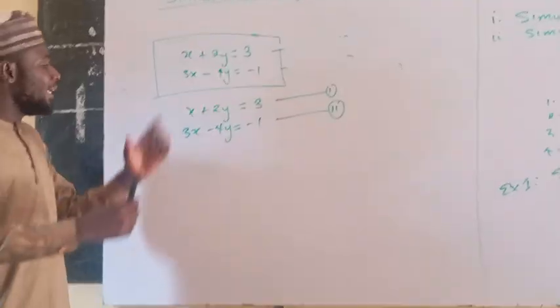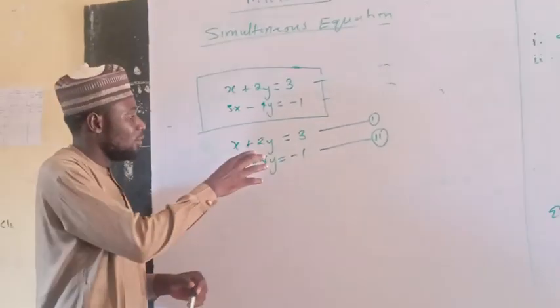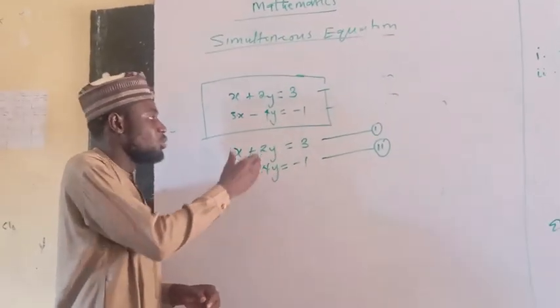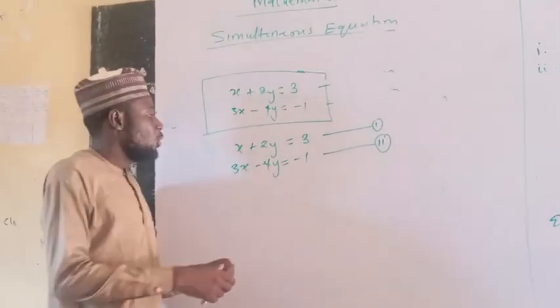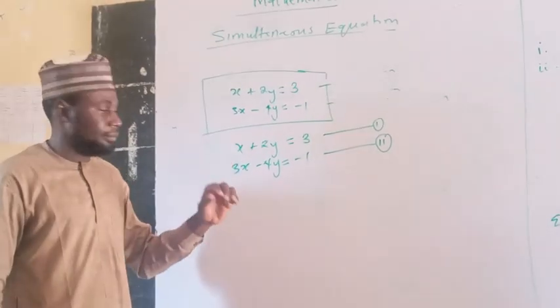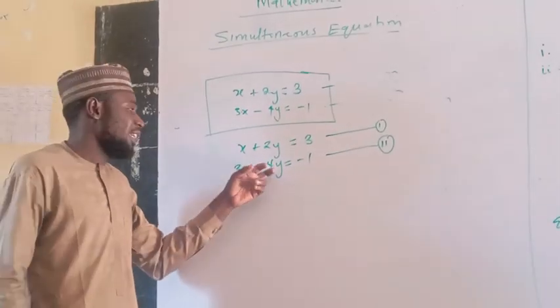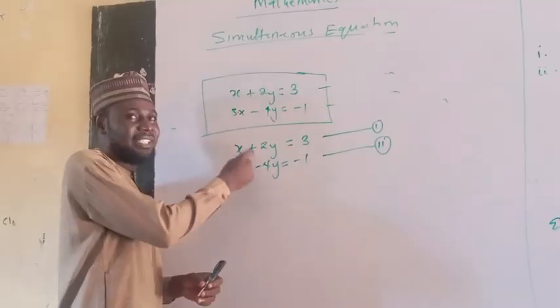To za mu eliminate. Amma wannan karatu ina son eliminating y. Idan kun karanta kun gane zan so ku sake solve ne irin shi amma ku eliminating x.